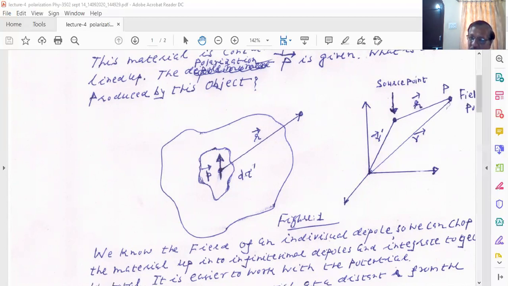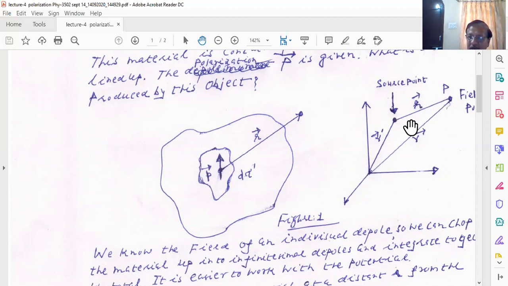The field point is known as the field coordinate. So the source coordinate vector r prime plus the field coordinate vector r is always equal to the position vector r of a point P with respect to the origin of the coordinate system.